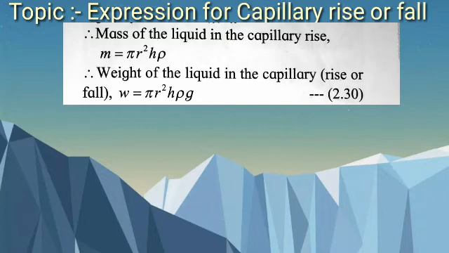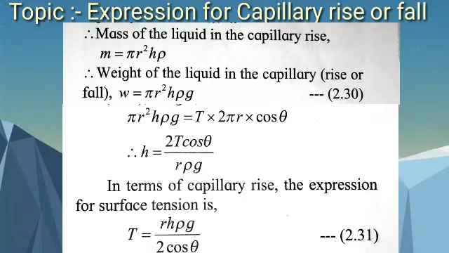So the liquid column remains in equilibrium, so that the total upward force is equal to the total downward force. That is pi r square h rho g is equal to T into 2 pi r into cos theta.